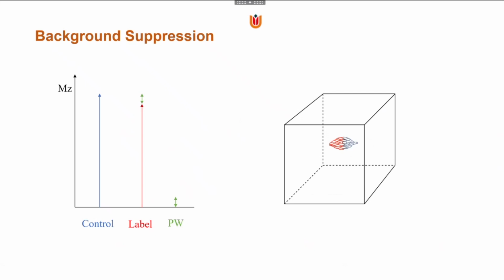And then regarding background suppression, as I mentioned, the signal of the blood is just around 2% of the signal of the whole brain. So if we have a control image and a label image, where the signal of the blood is just a little bit of the whole signal, of course, this can increase the noise and the errors.